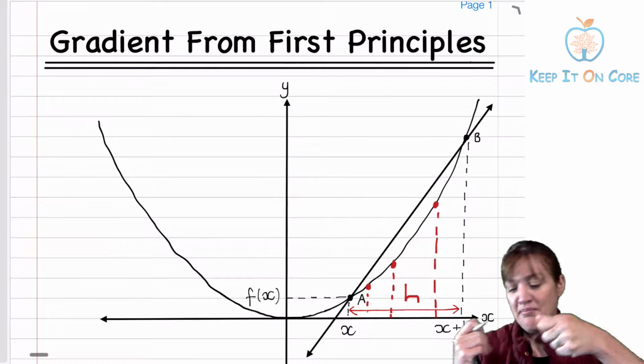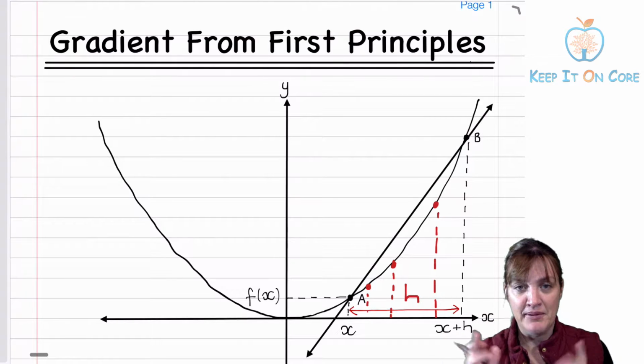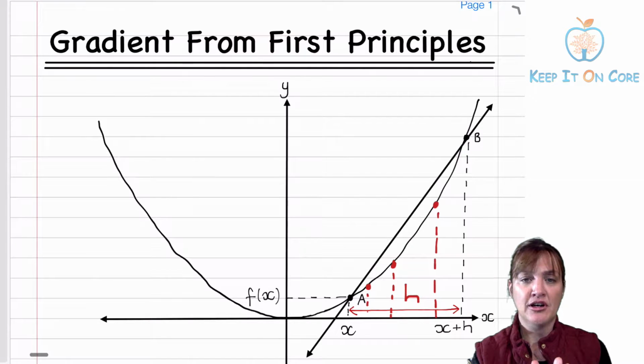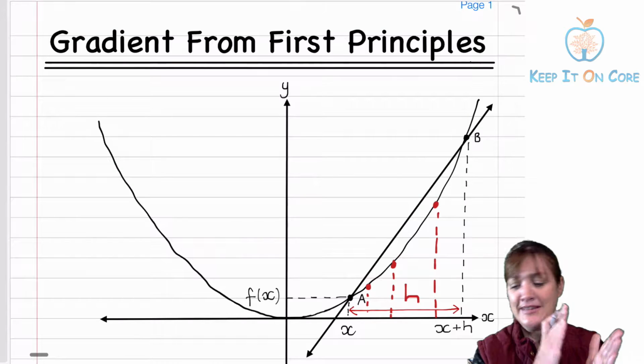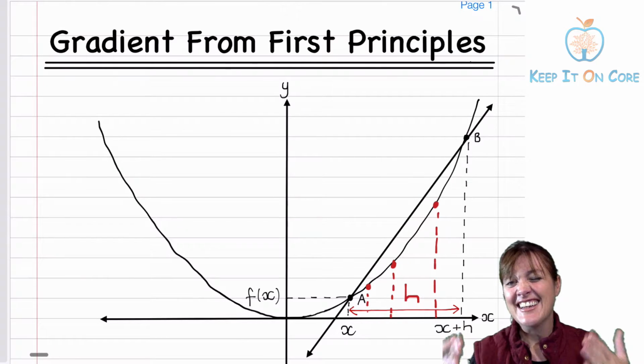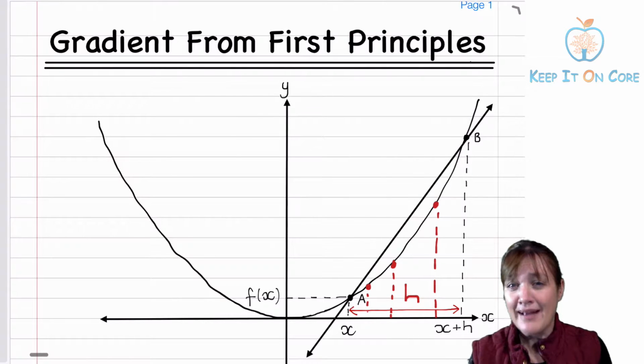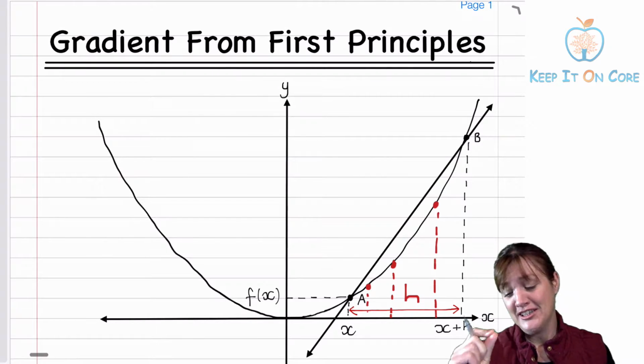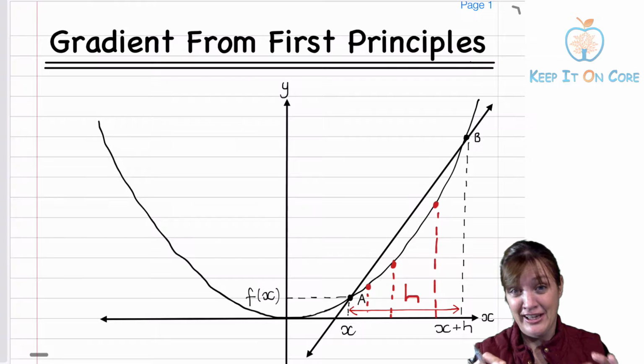Now, the idea would be this. If I were to take a microscope over point A and point B, and I moved point A and point B half a unit closer, and then half a unit of that half a unit closer, and closer, and closer. Technically speaking, if we kept magnifying it, point A and point B will never actually touch, okay?